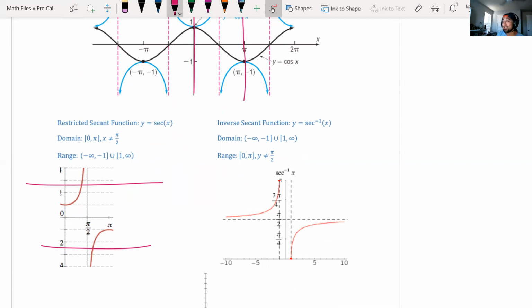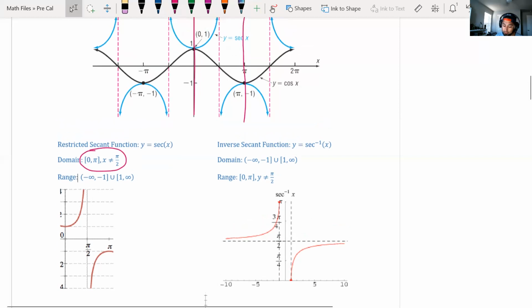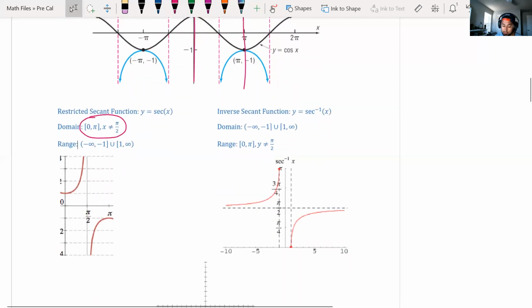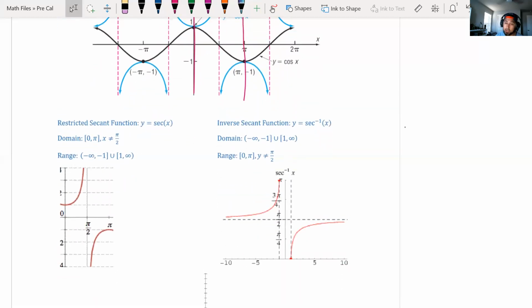Therefore, secant is now one-to-one, which means secant will have an inverse. The domain of secant is from 0 to pi, but pi over 2 is not included, because what exists at pi over 2? Asymptote. Good. And then the range is from negative infinity to negative 1, and then 1 to infinity.